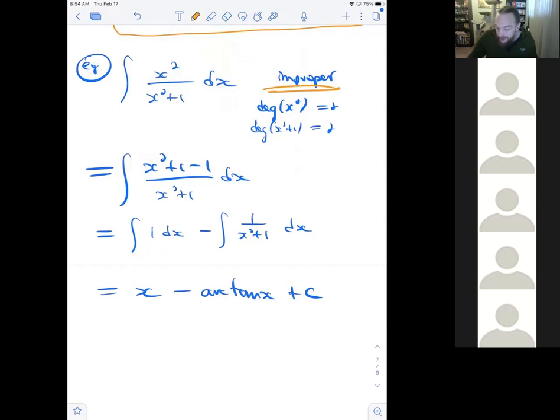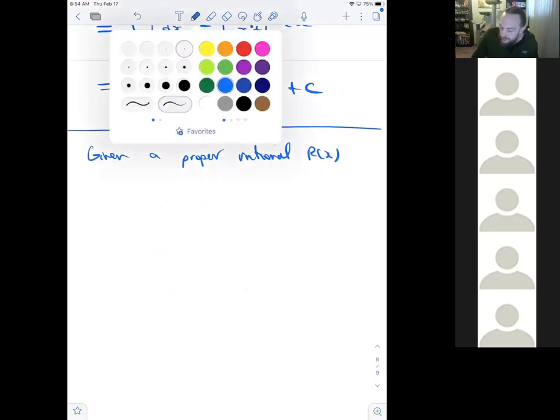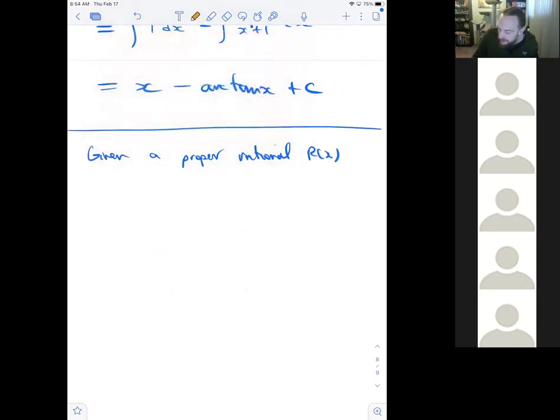This one was already ready for partial fractions. So now what the heck is partial fraction decomposition? Given a proper rational function, long story short, we're going to make certain guesses for making all of the terms. We're going to have products on the bottom.